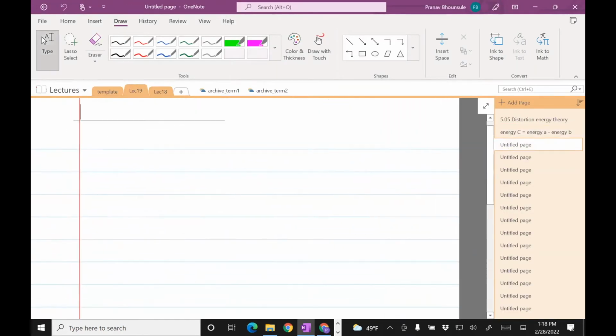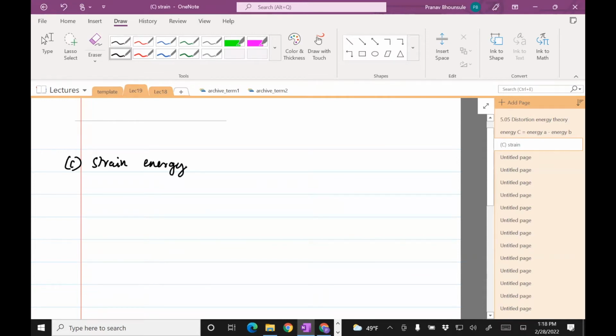Okay, so here is part C, strain energy due to distortion. That's going to be UC equals UA minus UB. I'm just going to write the final expression.